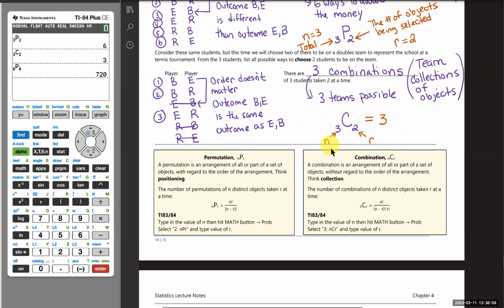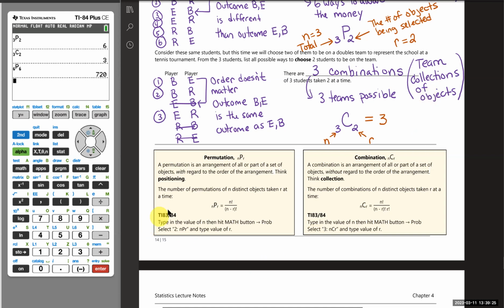And let me just show you then my summary at the bottom: permutations versus combinations. And I talked about some of these words to think about. So we're arranging things and there's positioning to them, like first place, second place, or collections, combinations, where we're simply looking at a team of people or just a group where we're not thinking about ranking or positioning them.